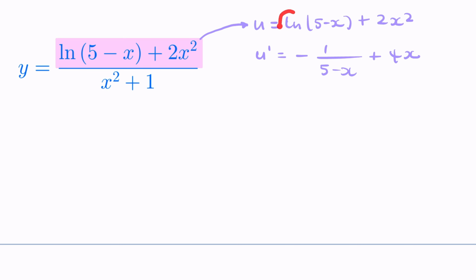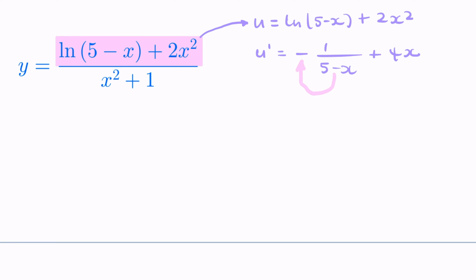Now the derivative of ln is 1 over x, but because of the chain rule, we multiply by the derivative of 5 minus x, which happens to be negative 1. So this negative comes about because of the chain rule. So that was the numerator.